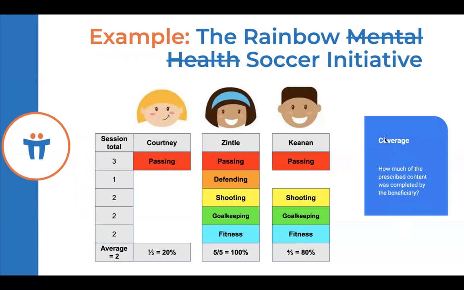I'll open it up now to the floor. If anyone wants to put in the chat or just put their hand up and unmute themselves and speak a little bit about the coverage of this program. What is the coverage, for example, of any of the beneficiaries there? What are we talking about when we talk about coverage?